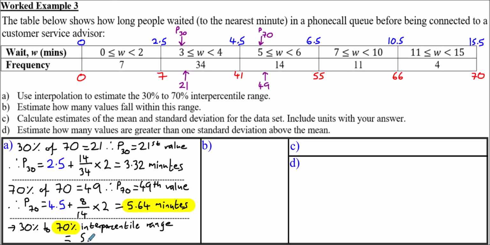So we do 5.64, and we're going to subtract from that what we worked out the 30th percentile was, which was 3.32 minutes. So 5.64 subtract 3.32, and what we have there is a 30th to 70th interpercentile range of 2.32 minutes.